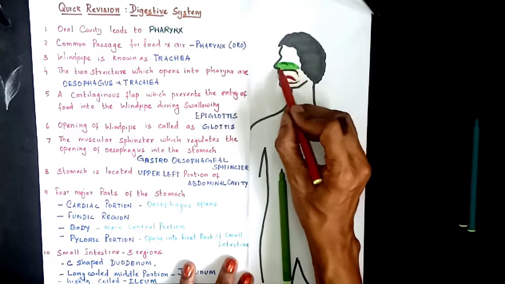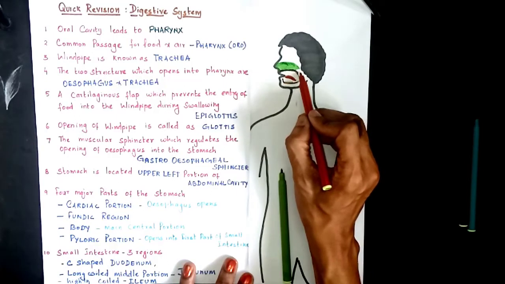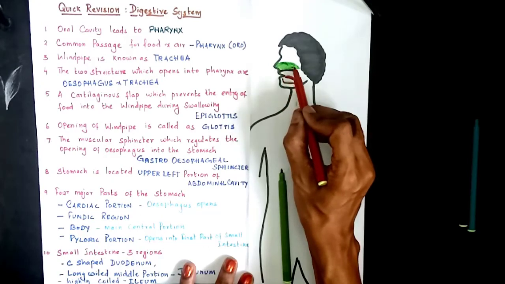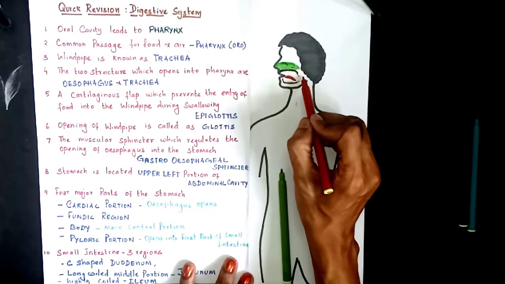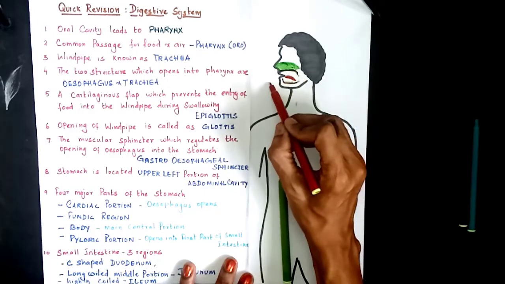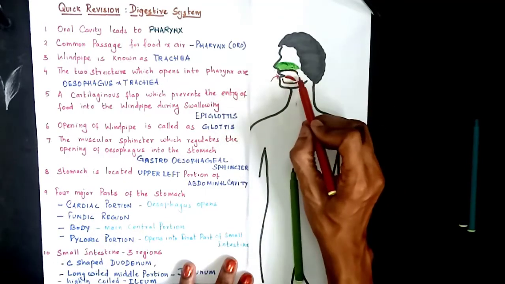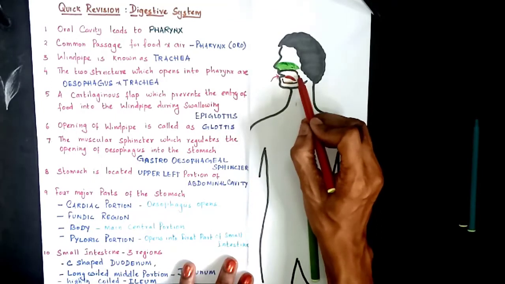So this nasal cavity has an opening at the posterior end, that is the back end. So this air enters the nose and it has to pass through the nasal cavity and it flows to the back side of the nose. Same way, the food which we take through the mouth is chewed here well and it enters the back side of the tongue, which you call as the throat region.